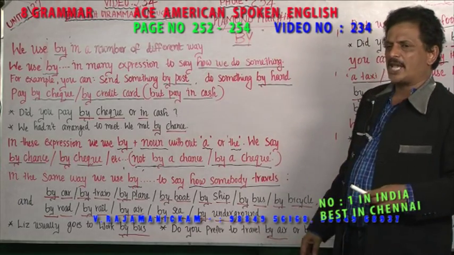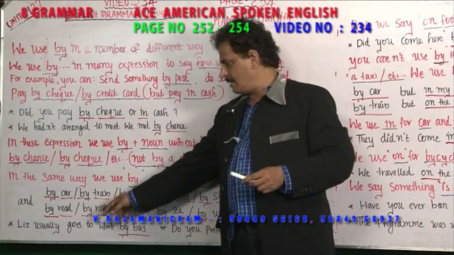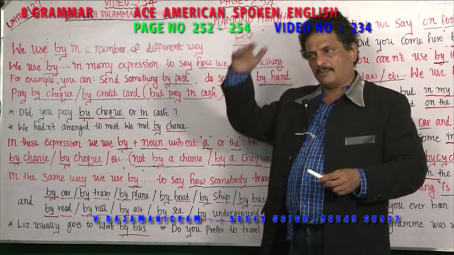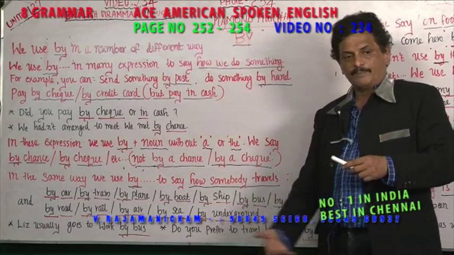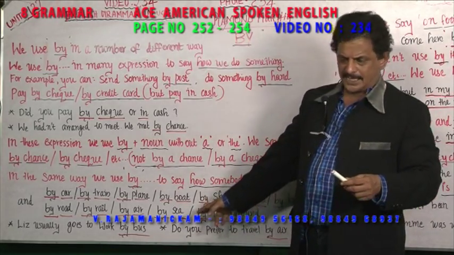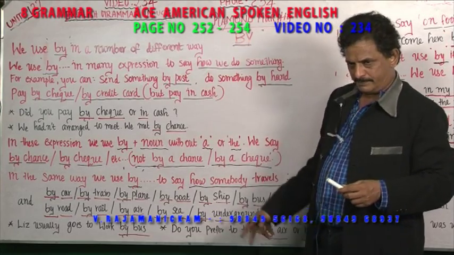By bicycle, பைசைக்கிள் மூலமாக. By road, ரோட்டின் மூலமாக. By train, தண்டவாளத்தின் மூலமாக. By air, விமானம் மூலமாக. By sea, கடல் வழியாக. By underground, கீழ்த்தளத்திலே மூலமாக. So எப்படி ஒருவர் பயணம் செய்கிறார் என்று சொல்லுகிற பொழுது by.